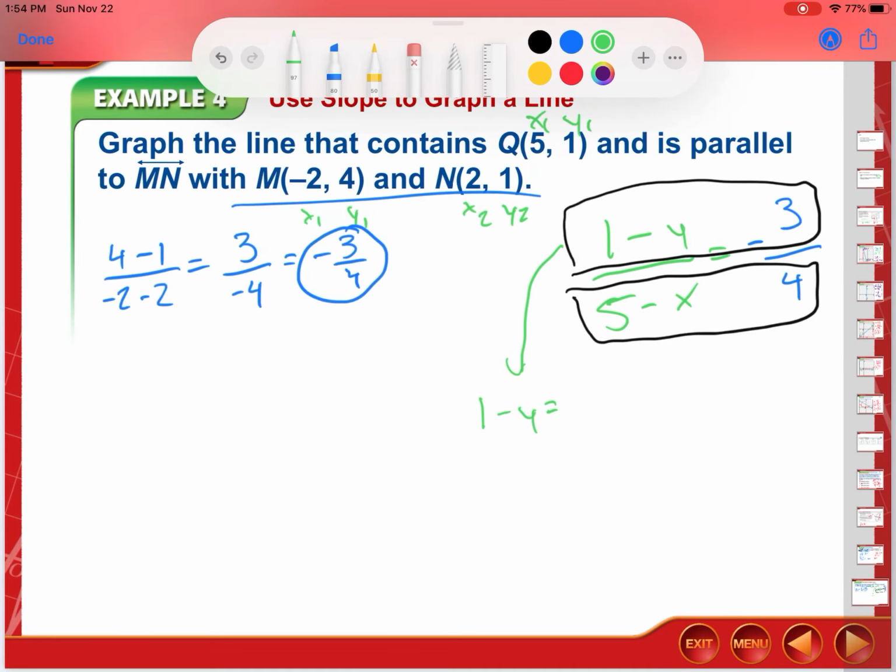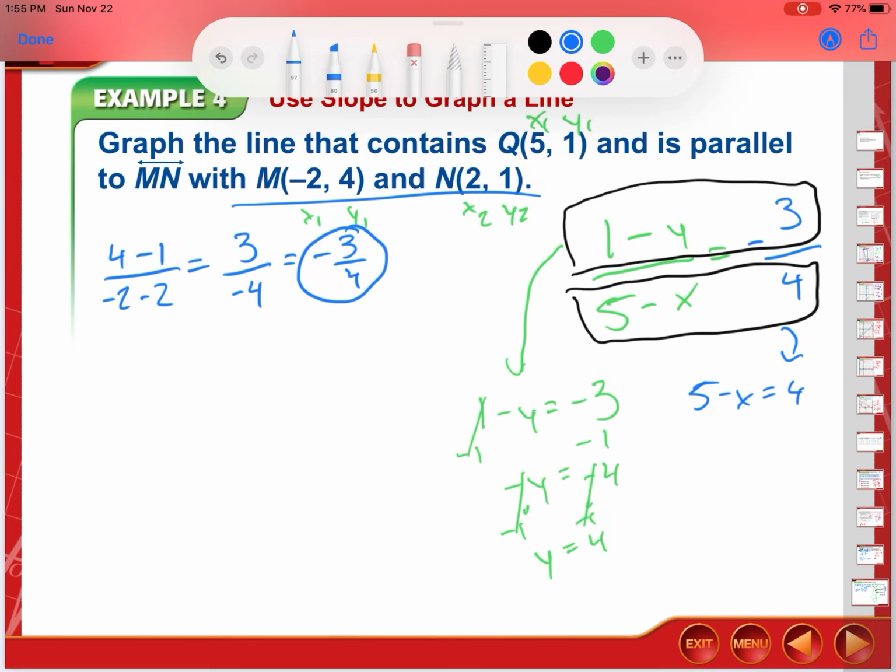So if I write this top equation out, I have 1 minus y equals negative 3. Now I can solve this by subtracting 1 from both sides. I'm left with negative y equals negative 4, which I can multiply by negative 1 to get rid of that negative. So I'm left with y equals 4.